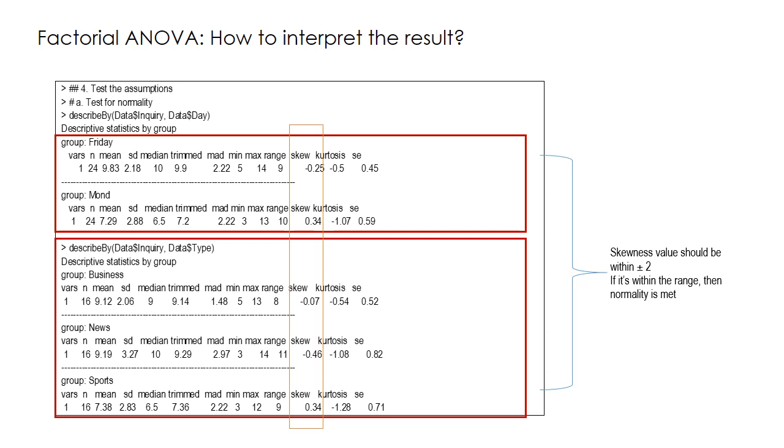It has to be within that range. If it is within that range, then the normality has been met. In this case, all of them are within the range: negative 0.25, 0.34, 0.07, 0.46 and 0.34 are all within the negative 2 to 2 range. So the normality has been met.